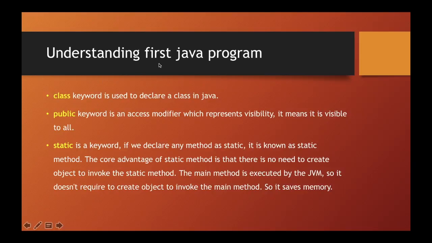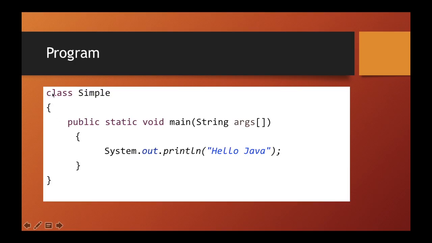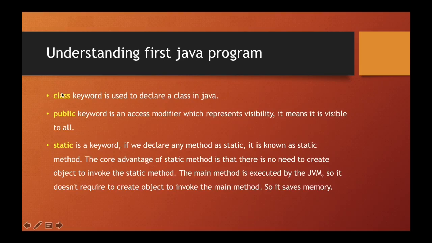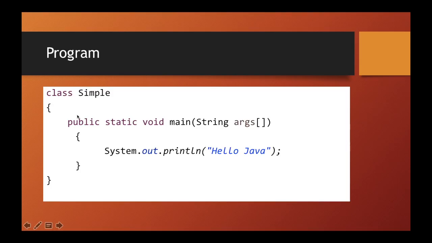Understanding the first Java program: what is class, what is public, what is static. Class is the keyword used to specify that this is a class. Next, the public keyword. Main is a method; if you use public, this method can be used by all programs.